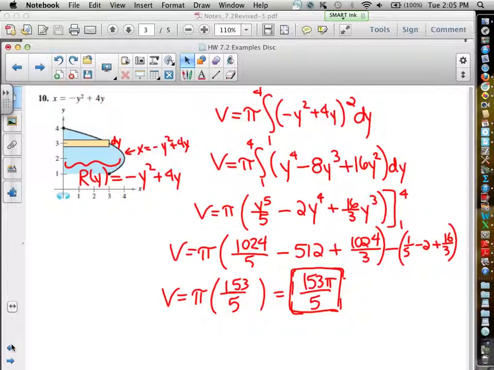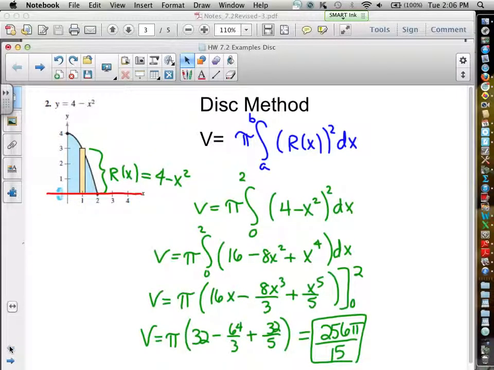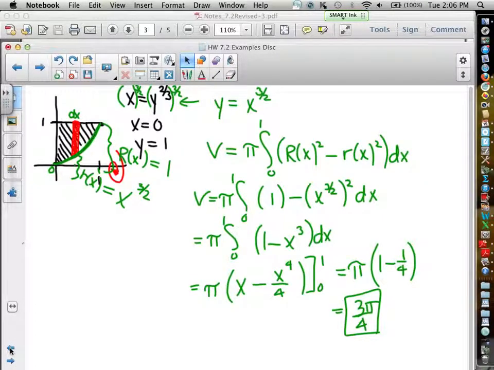If you look back at this one, rectangle touches the axis of rotation. This one, the rectangle touches the axis of rotation. This one, the rectangle touches the axis of rotation. If you go to washer method, you have space between the rectangle and the axis of rotation. That's the difference between the two of them.